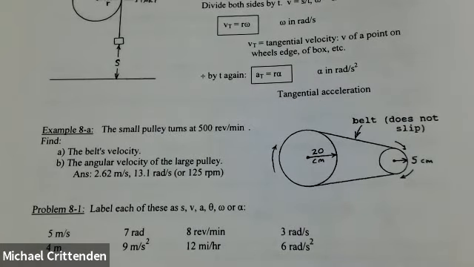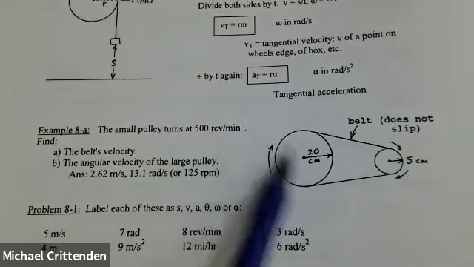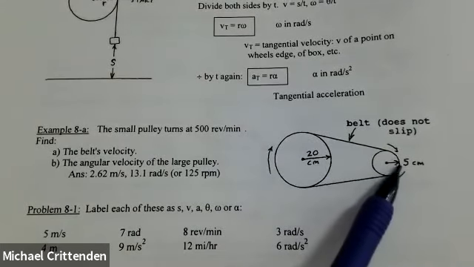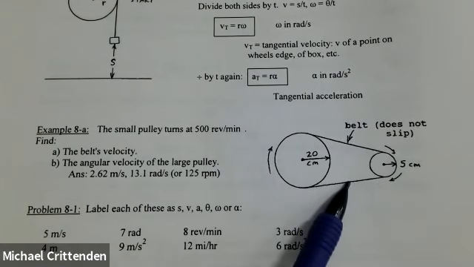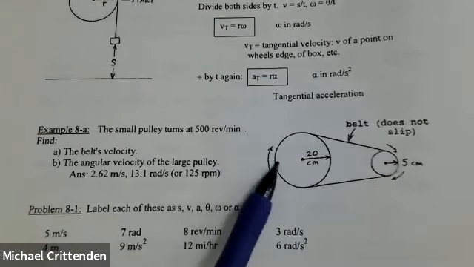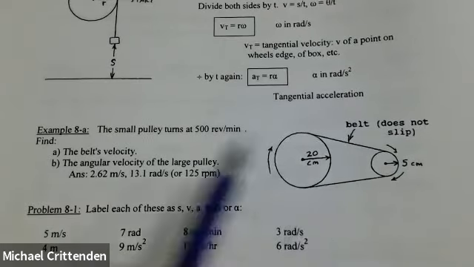Once in a while you hear a car go past you that's making all kinds of terrible noises because they don't have enough tension on a belt, and it's slipping and it squeals. But if the thing is working right, there's no slippage. And so a point on the edge of this wheel has a speed equal to the speed of the belt, and a point on the edge of this wheel has a speed equal to the speed of the belt.